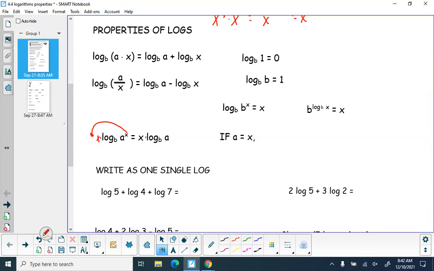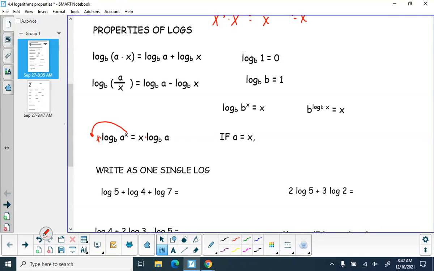What this allows us to do is solve for a variable x that's in an exponent. The logarithm allows us to pull the variable out of the exponent. So it's probably one of your most important properties of logarithms. We'll utilize this to solve equations.